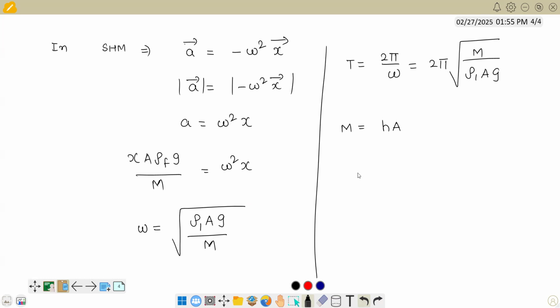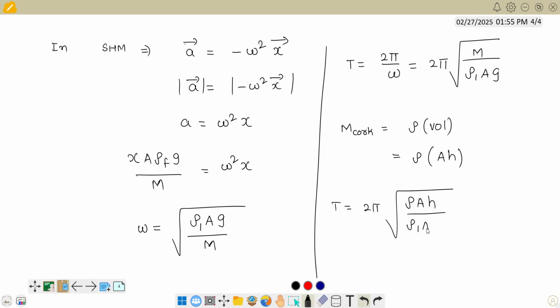So the mass of the cork is simply density of the cork into volume of the cork, which is area into height h. Here we are assuming the cork to be cylindrical because it is given in the question as cylindrical. So let me substitute it. T equals 2 pi root rho A h divided by rho 1 A g.